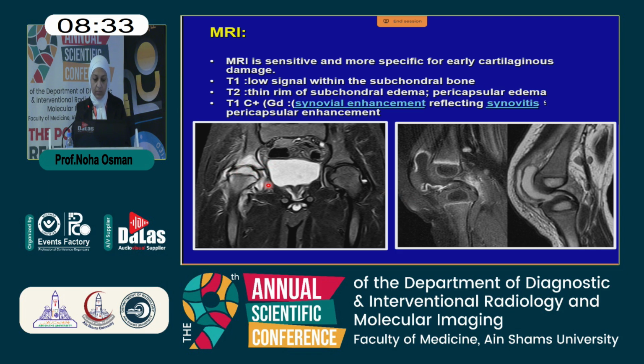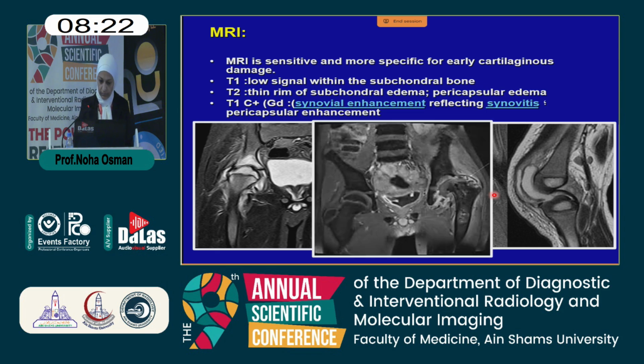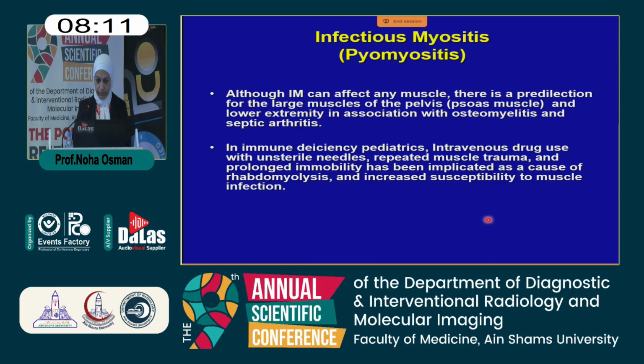There is enhancement in the surrounding soft tissue, and there may be enhancement at the synovium, denoting the synovitis. In this late case, we see here the deformity and the destruction of the cartilage and the enhancement around the joint.